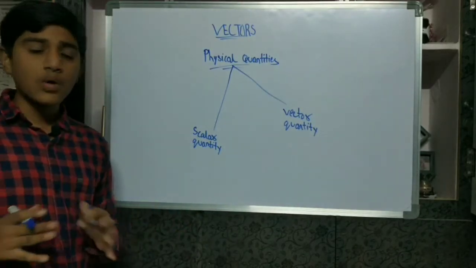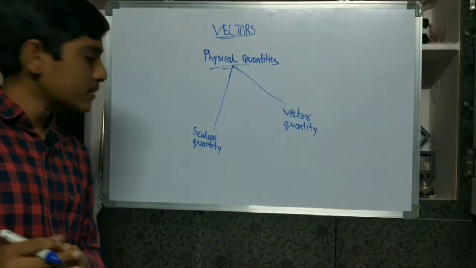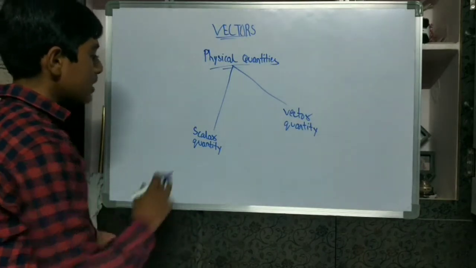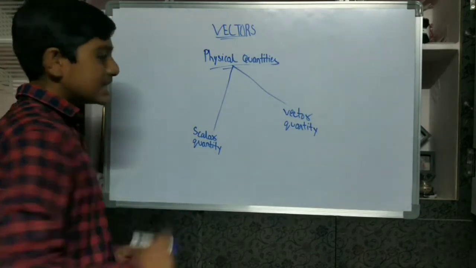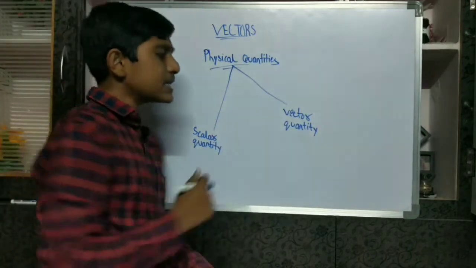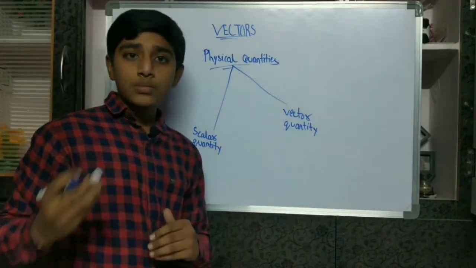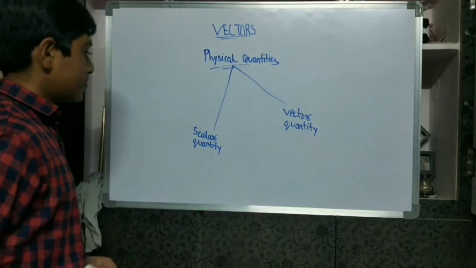I guess everyone knows about scalar quantity. Any quantity which is having only magnitude is called a scalar quantity. What is a vector quantity? Any quantity which is having both magnitude and direction is called a vector quantity.